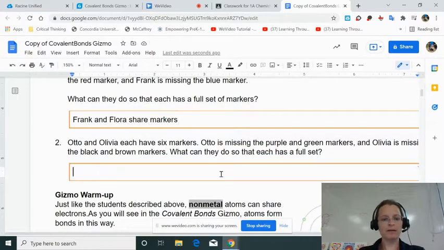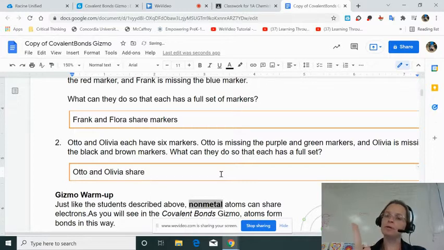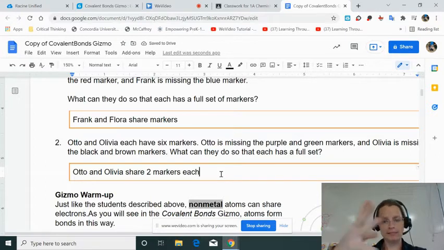And here we go. Otto and Olivia share not just one marker each, but two markers each, because covalent bonding is all about sharing electrons instead of giving or taking.